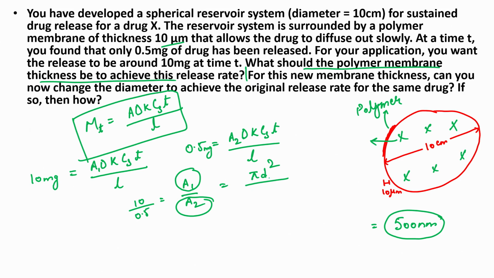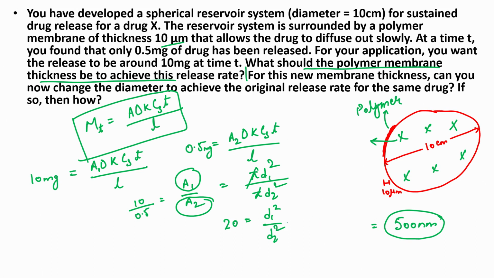So, pi d1 square by pi d2 square. So, pi can cancel, this is going to become 20. So, 20 should be equal to d1 square by d2 square.